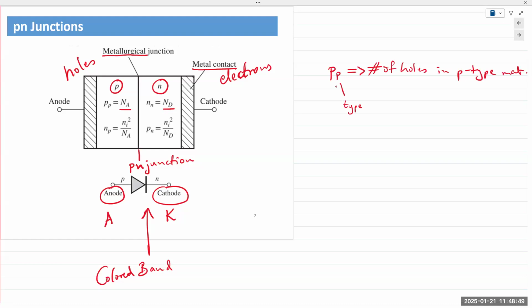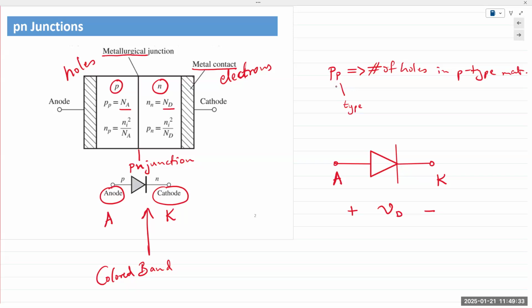Current always flows from the anode to the cathode. So if I have anode and cathode, when we refer to this device, we always say positive is at the anode, negative is at the cathode, and the voltage is always measured with reference to the cathode.